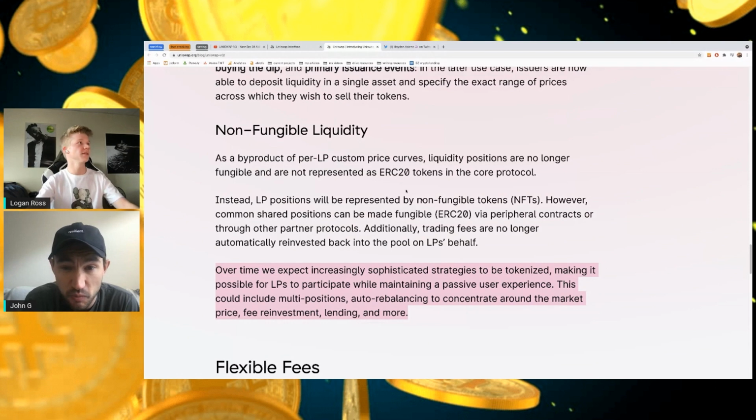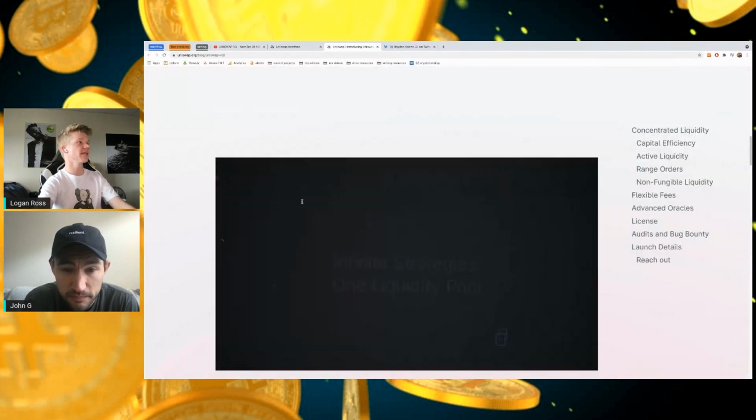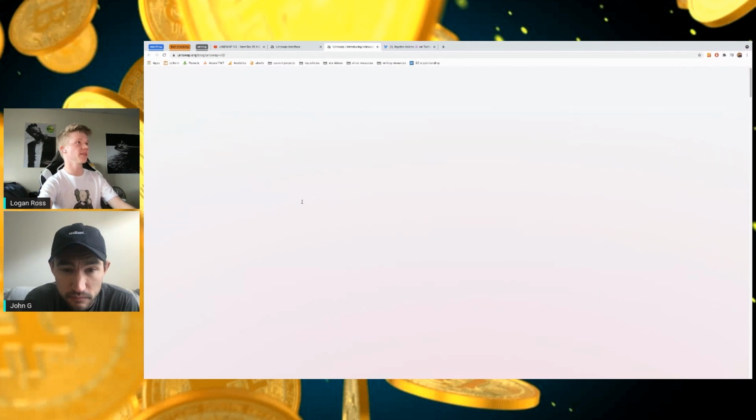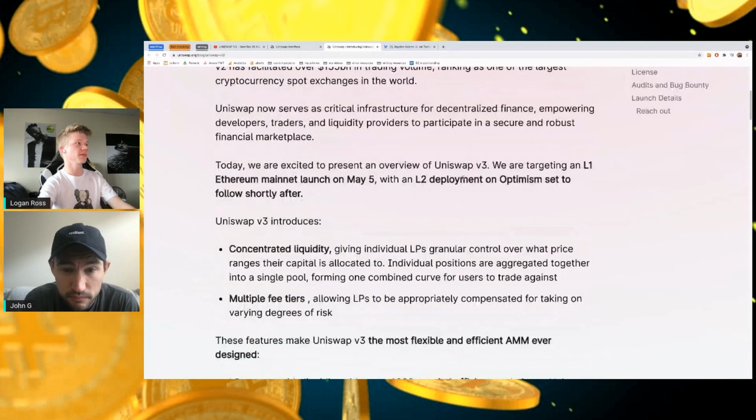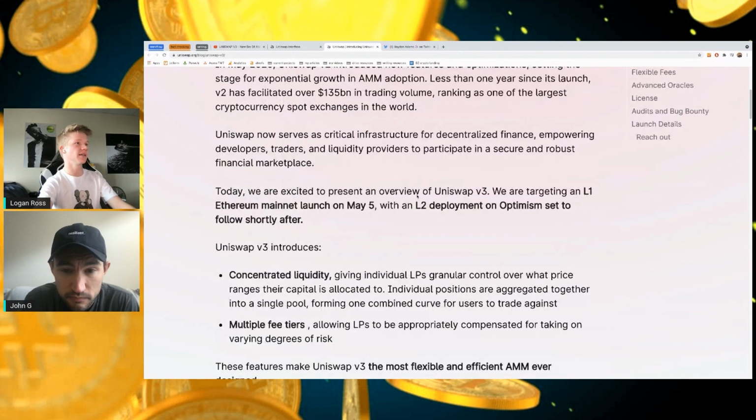Actually, that's the other thing. So what are they doing for technologies? They're planning to launch on mainnet pretty quickly, and then they're also planning to launch on Optimism. Layer 2 deployment on Optimism set to follow shortly after. So layer 2 is like a theoretical level above the blockchain that can be accessed via smart contracts.